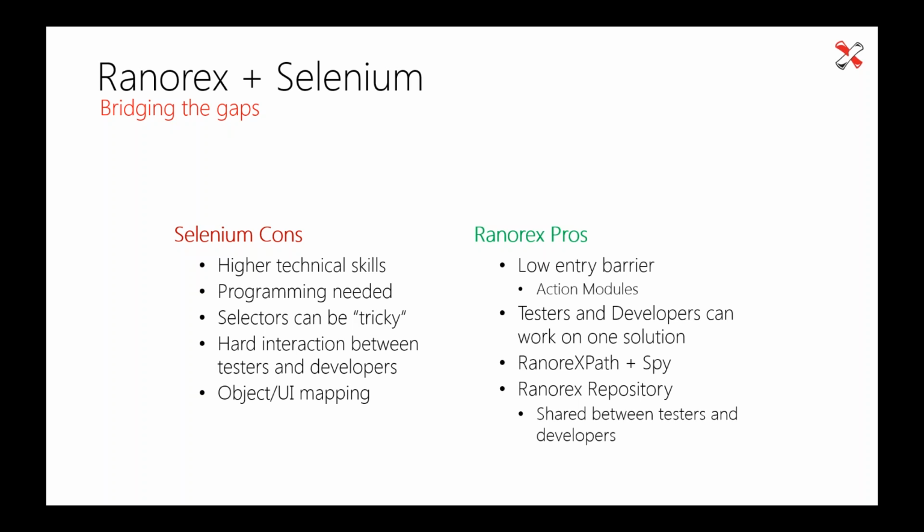So we can really put the cons and the pros of Selenium together, and in my opinion, really add value to Selenium, and the people can still work the way they used to work. Okay, hopefully I didn't add too much confusion here.